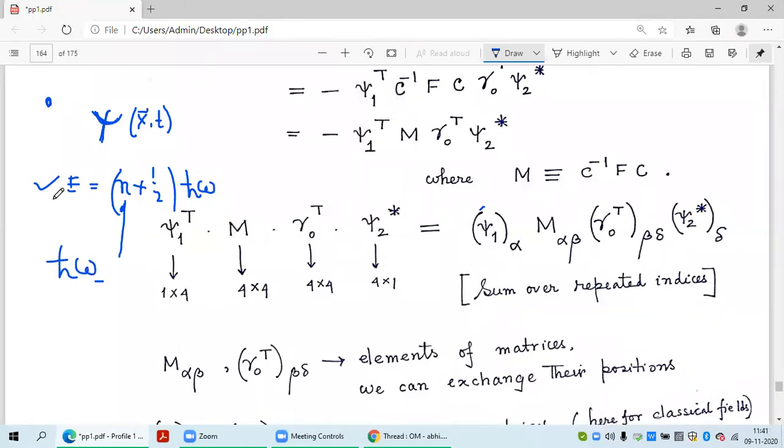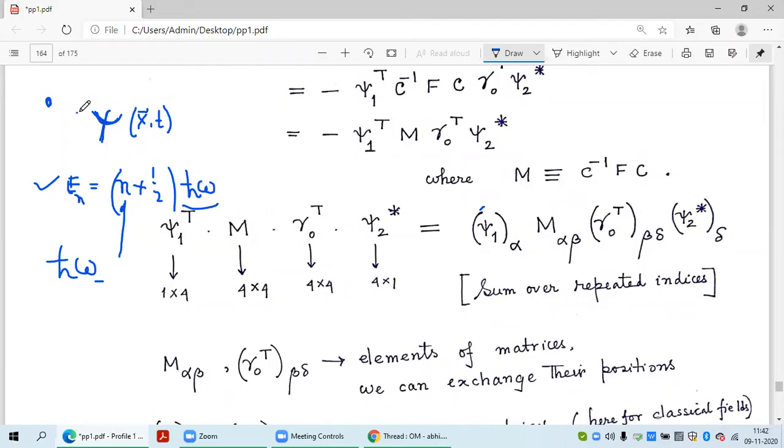Clear? Can you say this? Energetically, a quantum harmonic oscillator is equivalent to a system of particles, all of whose energy is h cross omega, and a collection of n particles gives you the energy of that oscillator corresponding to E_n, the nth state.